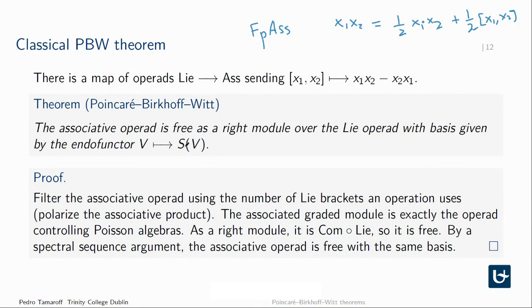And now if I compute the graded module that I get, you can check that it's the module controlling Poisson algebras. The reason why this happens is that this thing here is not commutative, but it's commutative up to some brackets. So when brackets are killed in the associated graded version, we get something that is actually commutative, and now this and this behave like the Poisson operad, right? A Poisson algebra is an algebra with a commutative product, a Lie product, and then a Leibniz rule. Okay.